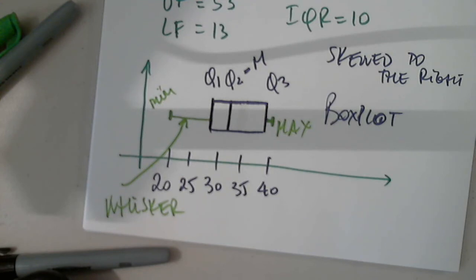However, when the median is pulled to the left, the mean will be pulled to the right.